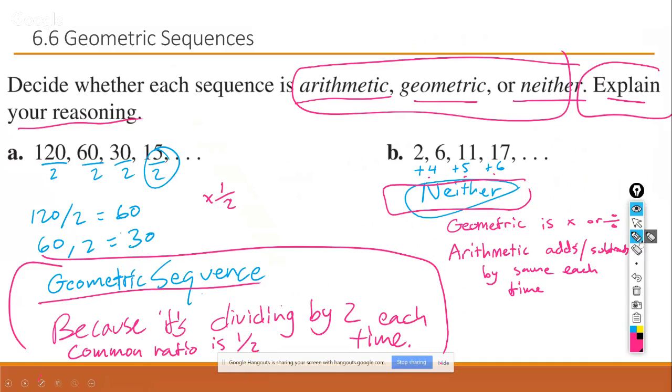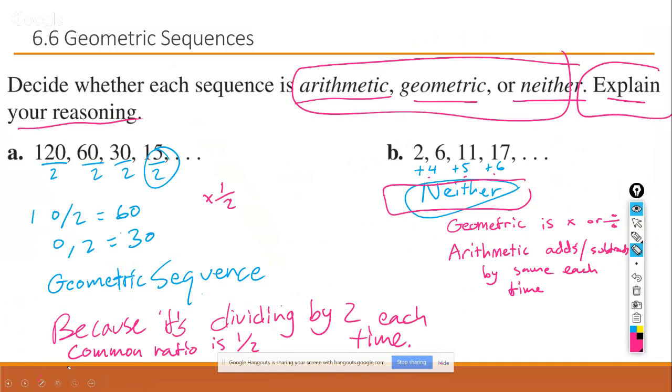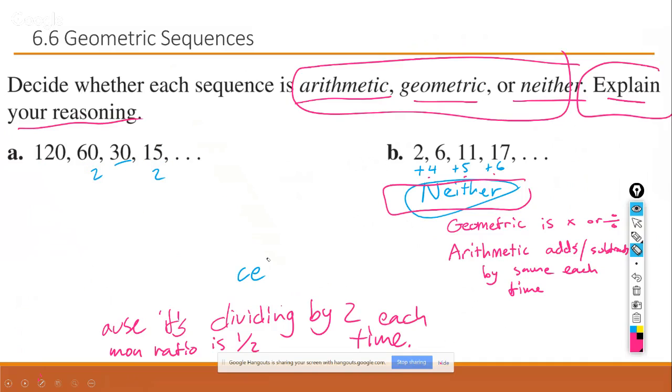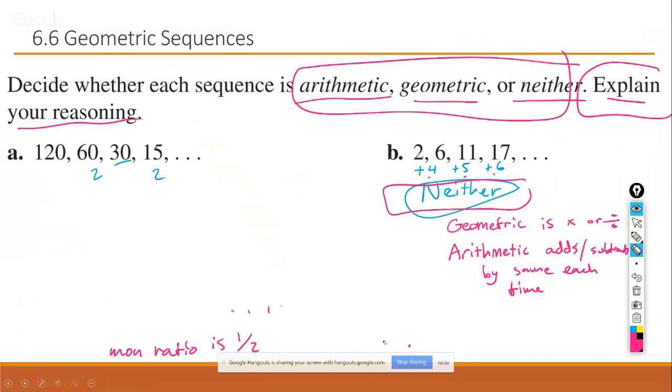I guess I'll go over an arithmetic sequence real quick. We'll do that over here. Arithmetic is when you add or subtract the same number each time. And that's really it. I think we did that last semester.